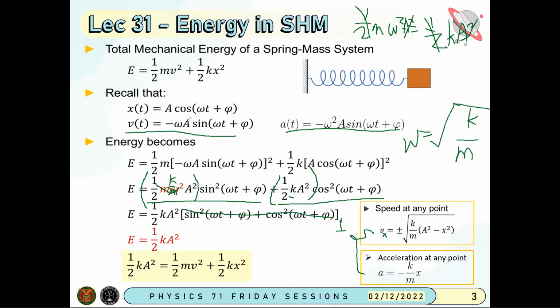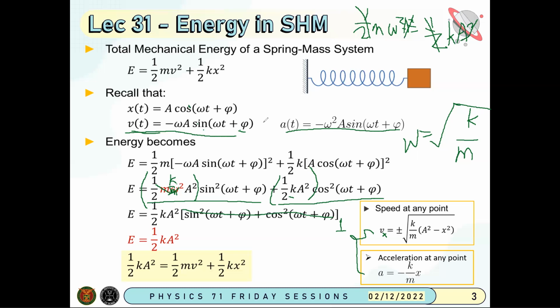Kasi dito, sa V of t, right? Hindi natin ma-extract mismo yung x of t. Hindi natin siya makukuha from the sine. Actually, isi-shift mo siya with the minus phi para maging cosine yung sine.